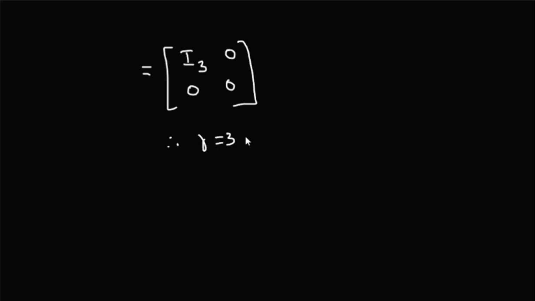So the answer is I3, 0, 0, 0. Now the given matrix is reduced to its normal form. In place of IR, we have I3. Therefore, R is equal to 3, which is the rank of the given matrix A. Okay. So this is how you can reduce a given matrix into its normal form and find its rank.